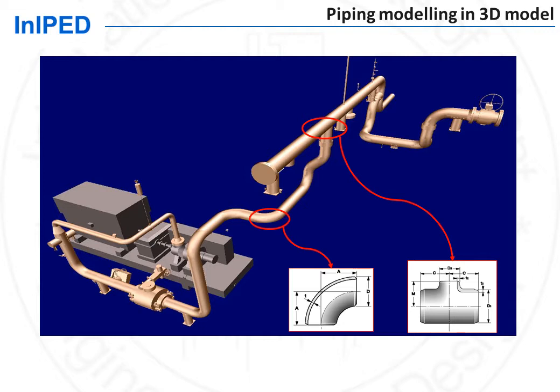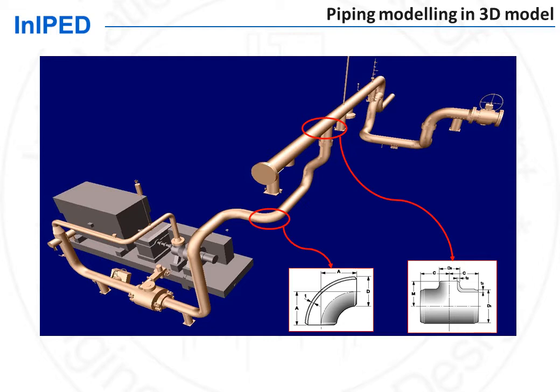Modeling of lines in 3D models is done from a catalog, picking the various piping items from this catalog. Piping items are standardized. That means that their dimensions are defined by codes, so they are the same from one project to the other, so that generic catalogs can be prepared and can be used.